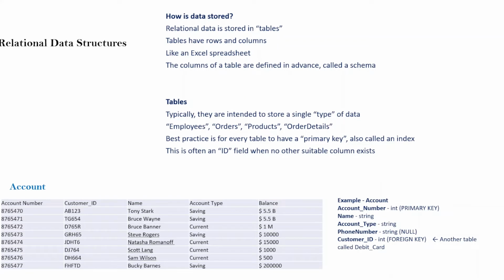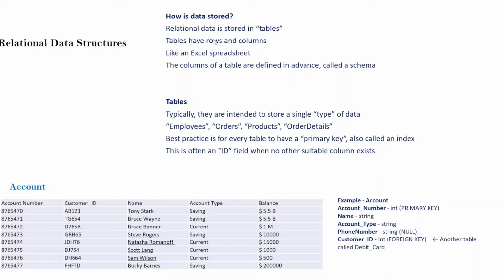Since we know what relational data is, it is data which can be stored in rows and columns, and the database facility which stores such data is called a relational database management system. Now again I'm just quickly going through how the data is stored.